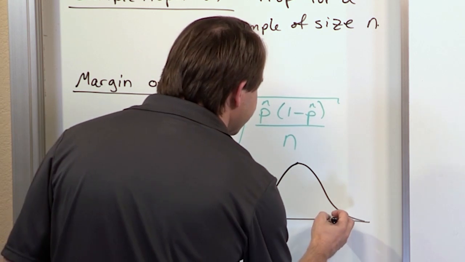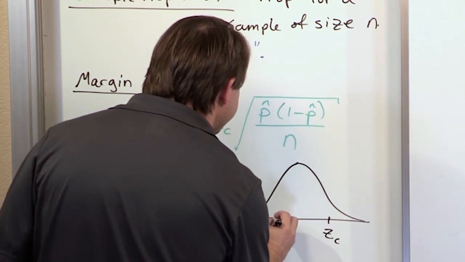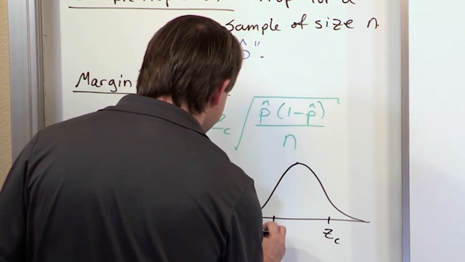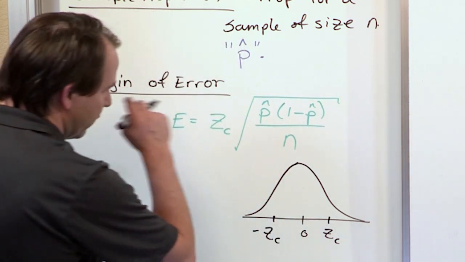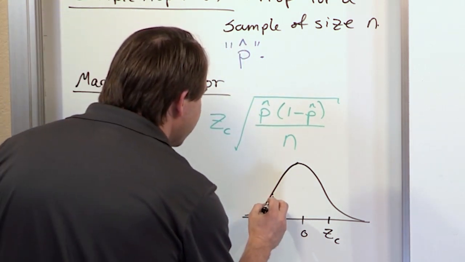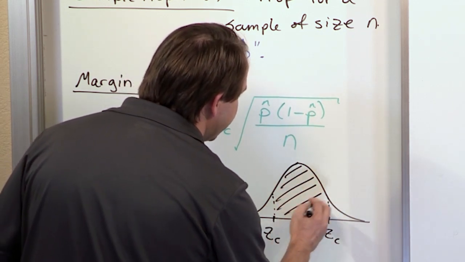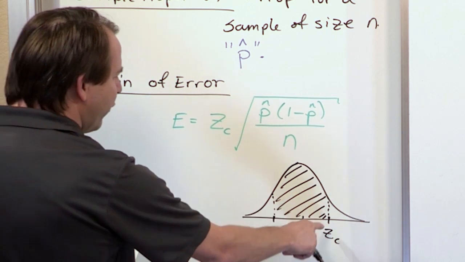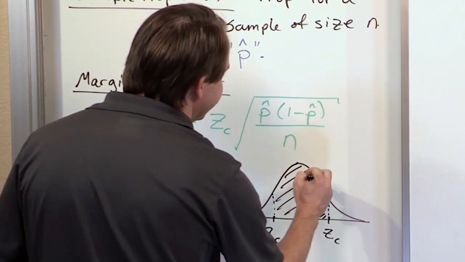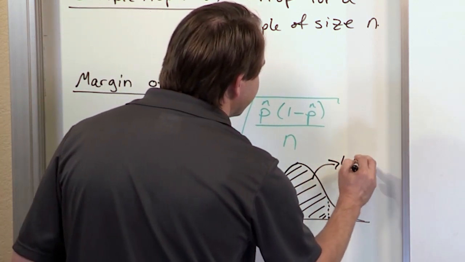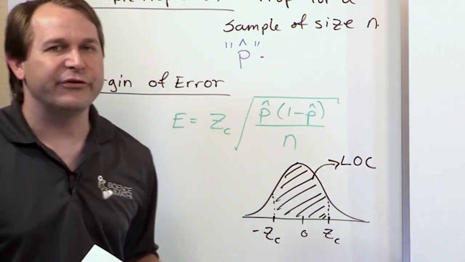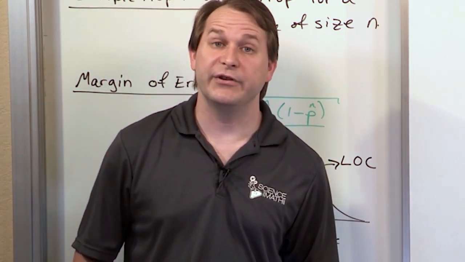Basically, here's a normal distribution, and you say this is z sub c, and this is negative z sub c. In the middle is always 0 for a normal distribution. So if I draw some dotted lines and shade this central area here, the area between these boundaries is what we're calling the level of confidence. So it would be 90% level of confidence or 95% level of confidence.